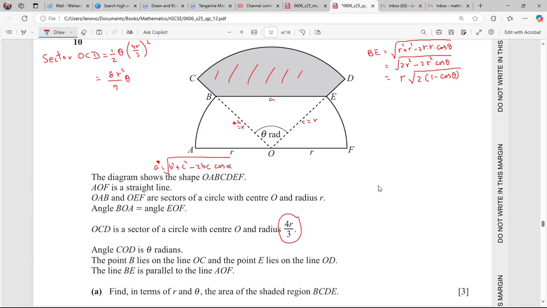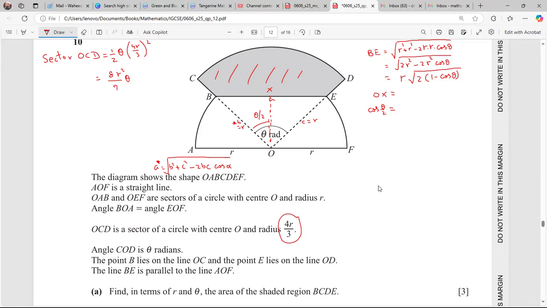Now I need to know the altitude of the triangle. So let me call this point X. I need to know the distance OX. You see, this angle is going to be theta by 2 this time. So tell me, what is cosine of theta by 2?